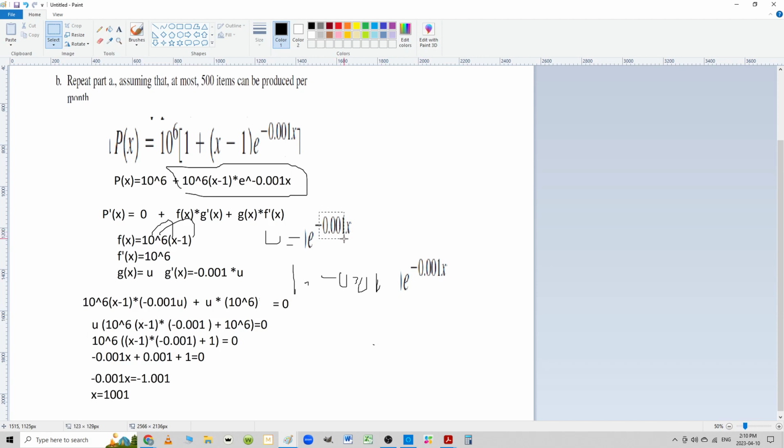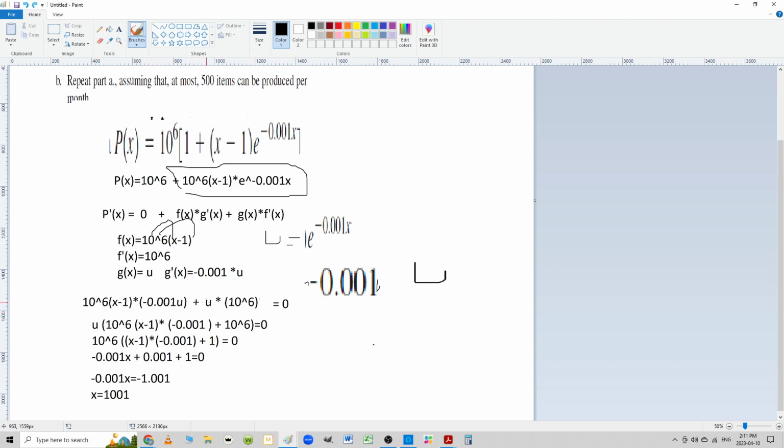So as you can see, the only thing that got in front is the negative 0.001 times the original exponent, which we're calling u. So I'm going to just call the derivative negative 0.001 times u, and make my life easier. So that means g of x is equal to u, and g prime of x is equal to negative 0.001 times u. Then I just go through the whole thing.